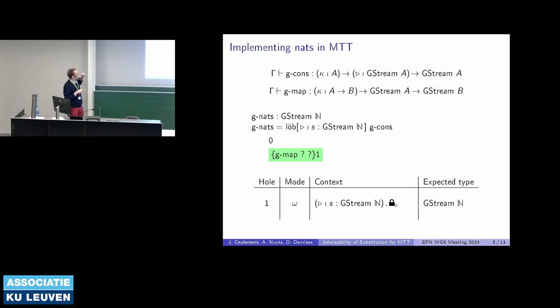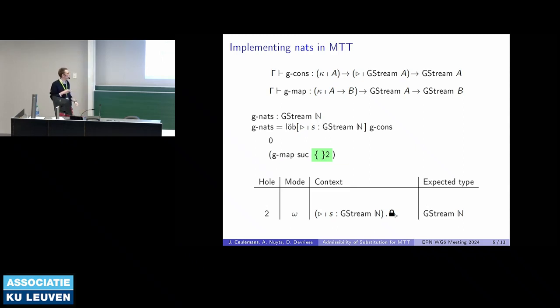Note again that we have this kappa here, so that means that when we want to give the function, we have again a lock kappa here, but still the successor function is also valid in any context, so that doesn't matter. And now here we want to have our co-recursive call, so that means that we actually want to have our variable s here.